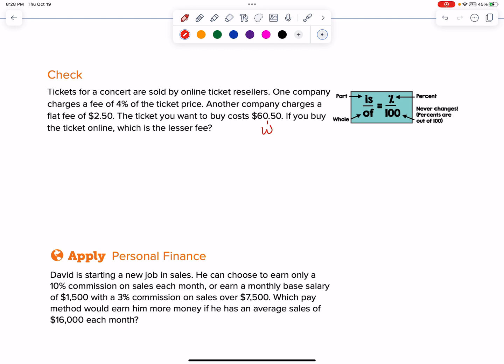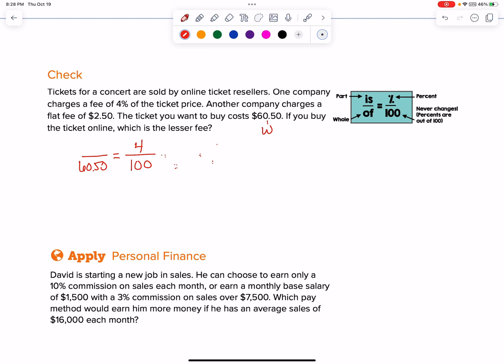So let's find what 4% of the ticket price is. We have blank equals blank. We know it's out of 100. We know it's 4%. We know the OG whole is $60.50.